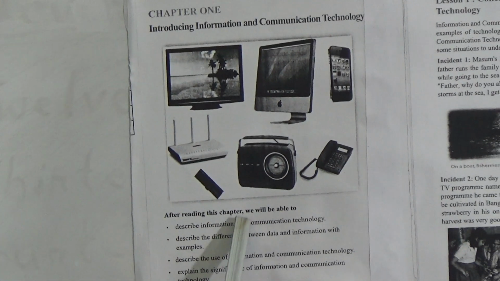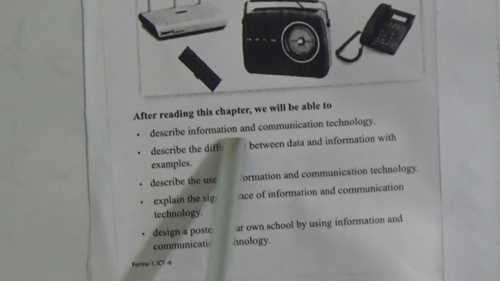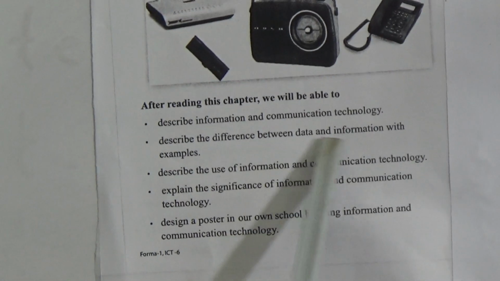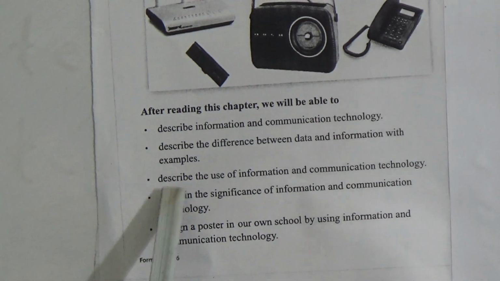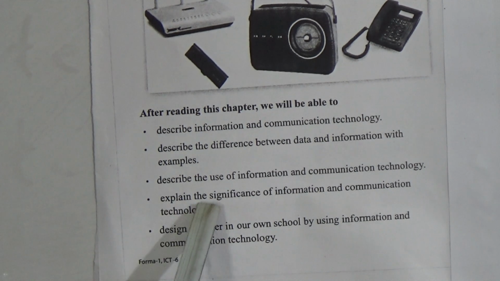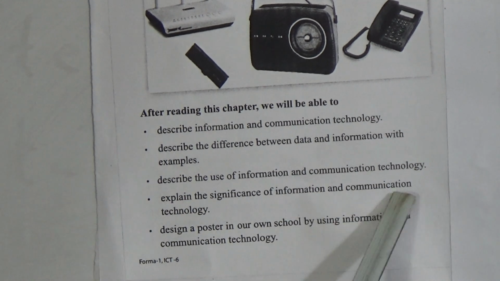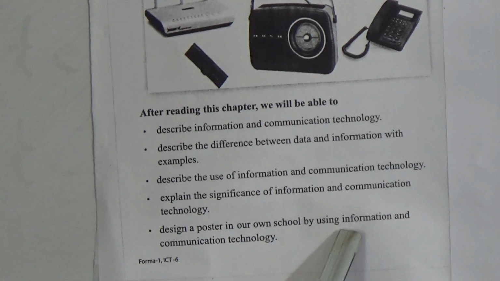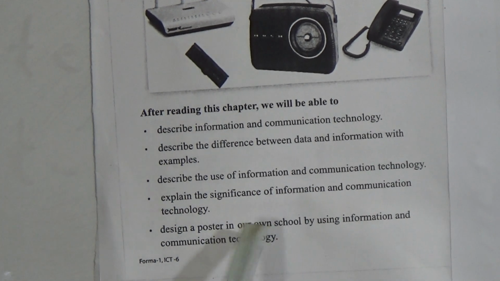After reading this chapter, we will be able to describe information and communication technology, describe the difference between data and information with examples, describe the use of information and communication technology, explain the significance of information and communication technology, and design a poster in your own school by using information and communication technology.